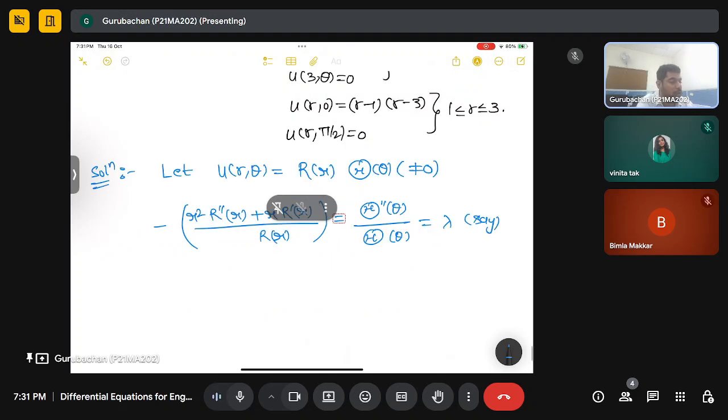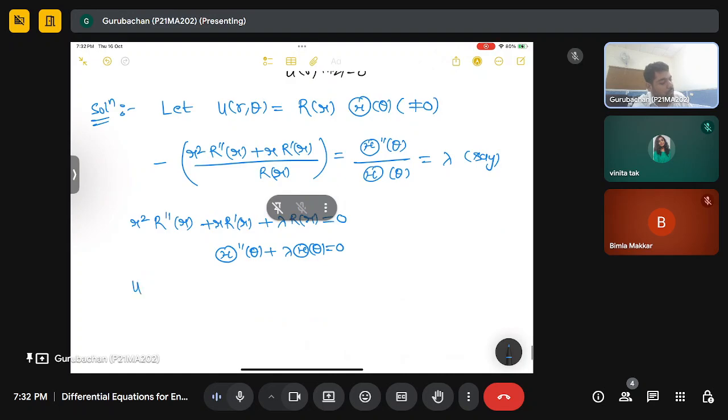So we will solve that equation, because of which the solution of the Sturm-Liouville problem becomes easy. So if you write it, it will be r square R double dash of r plus r R dash of r plus lambda R of r is 0, and the other one will be Theta double dash of theta plus lambda Theta of theta.